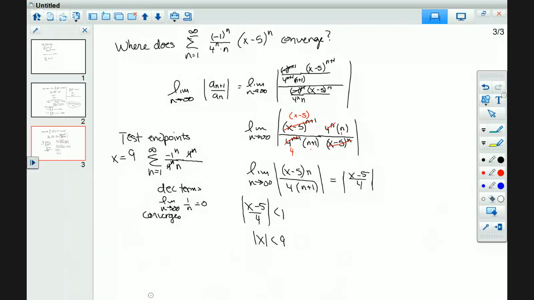What about negative? Holy cow. That's a mess.